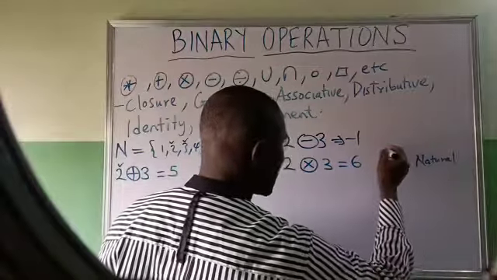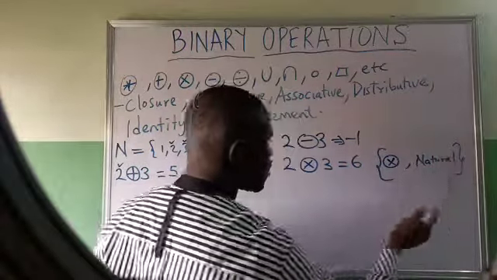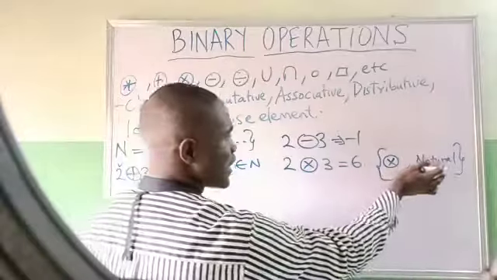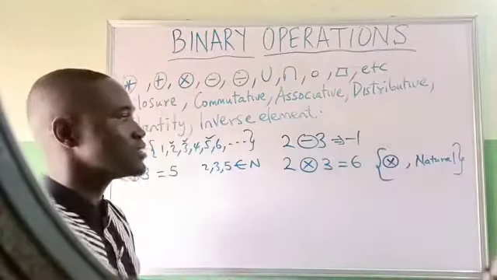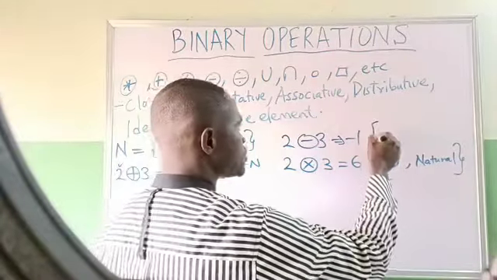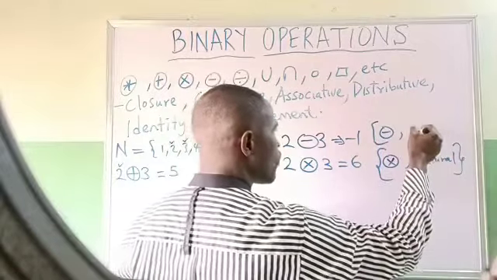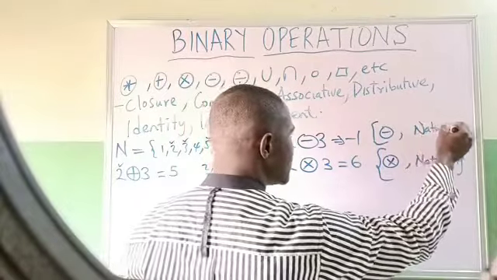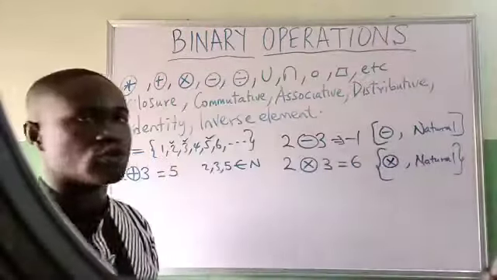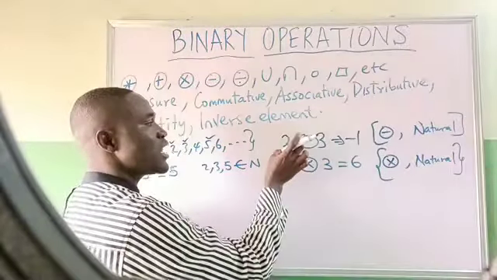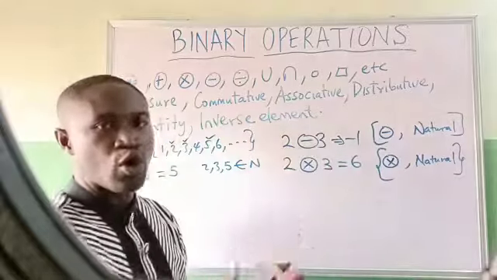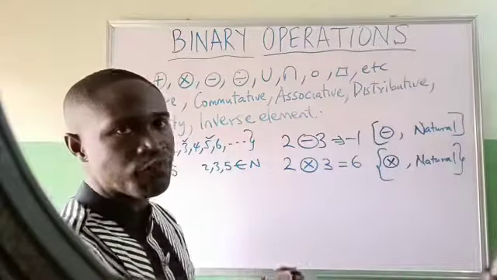That is where they are closed: under the operation times and under the set of natural numbers. Under the operation minus and under the set of natural numbers, they are not closed. Because it doesn't mean that 2 minus 3 cannot be closed in other sets of numbers.